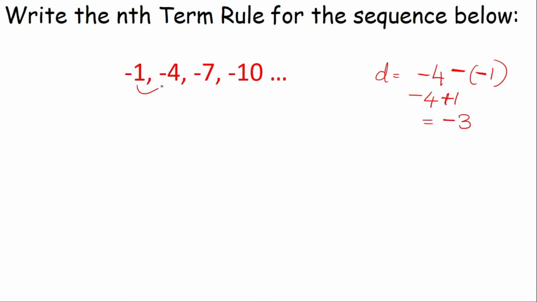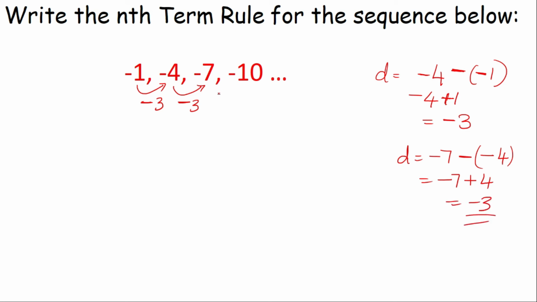So every time you are subtracting 3. If you don't feel confident, you can check again: -7 minus -4. Here you have two negatives, so -7 plus 4 gives you -3. It's the same thing, a constant difference.